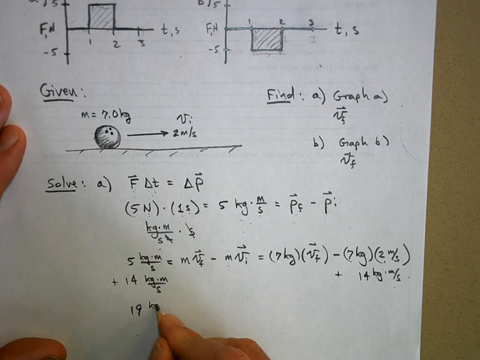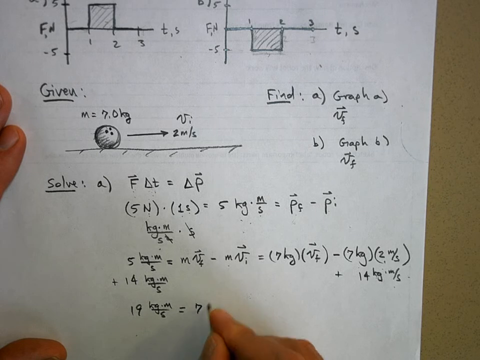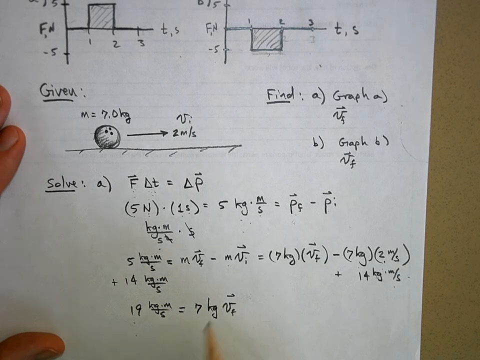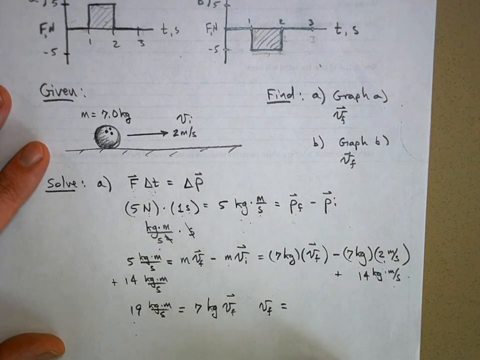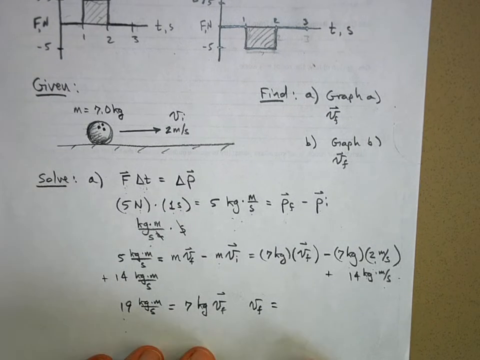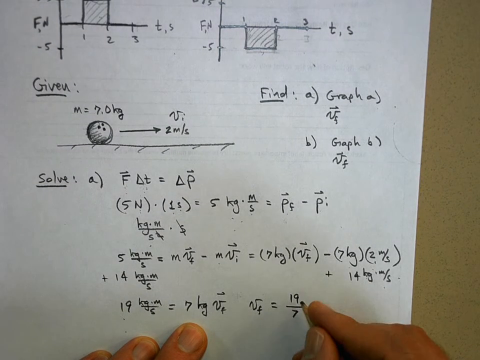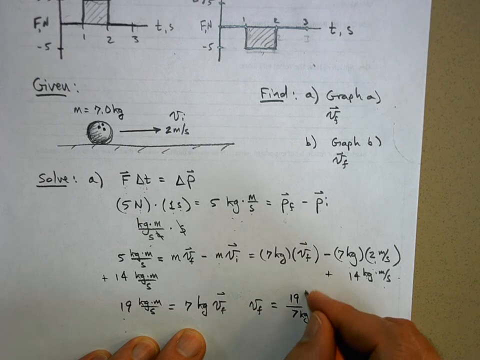19 kilogram meters per second, and that's going to be equal to 7 kilograms times my final velocity. Well, divide both sides now by 7 kilograms, and we've got it. The final velocity is going to be equal to 19 divided by 7 kilograms meters per second.